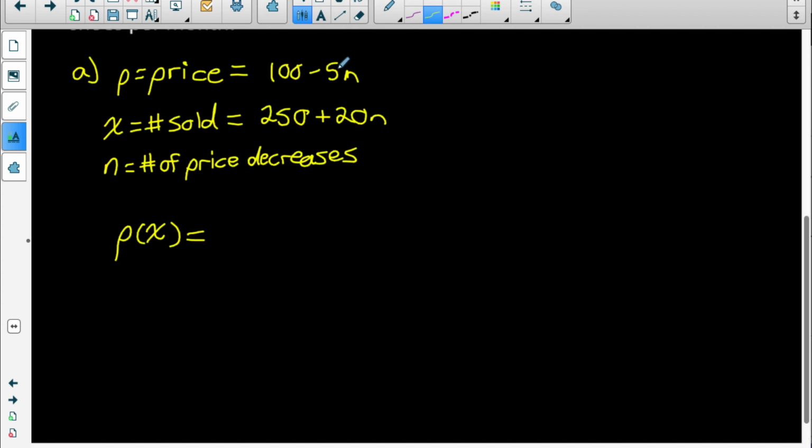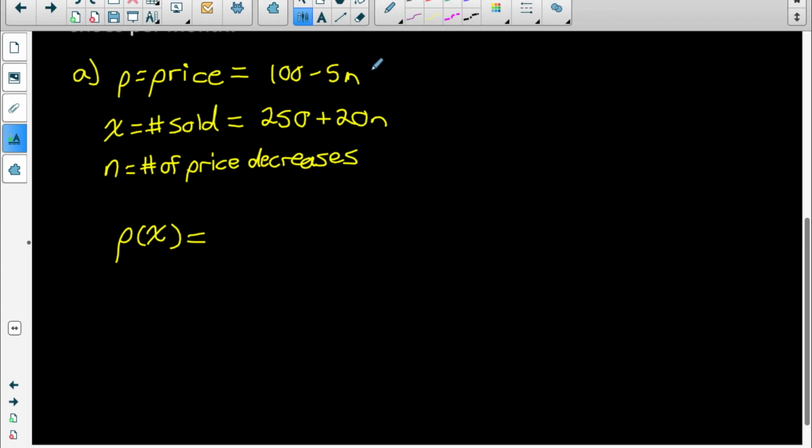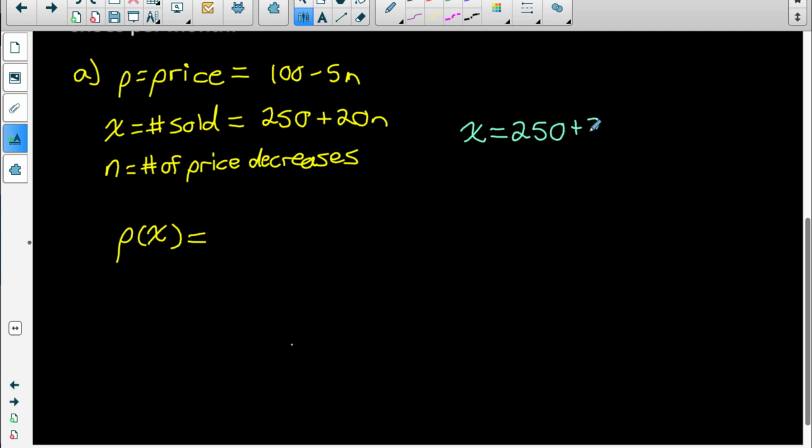But we want to write the price function in terms of x. Right now I have price written in terms of n, the number of price decreases. So what I'm going to have to do is replace this n with a function of x. So I'm going to take this equation here, x equals 250 plus 20n, and rearrange it to isolate for n.